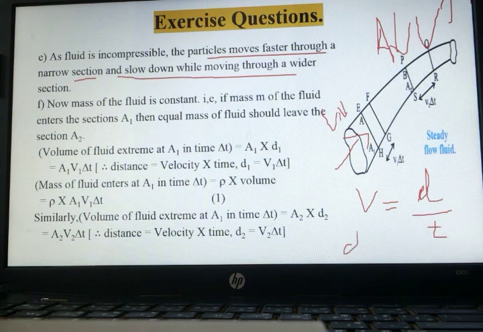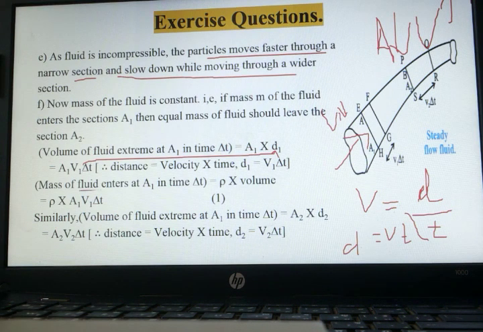So distance can be written as velocity into time. That is what is written here, A1 V1 into delta T1. Where did V1 delta T1 come from? V1 delta T1 has come from D1. Okay, D is equal to V into T, with delta T in place of T. We are considering only a small amount of time.